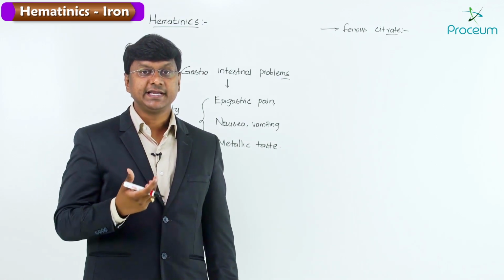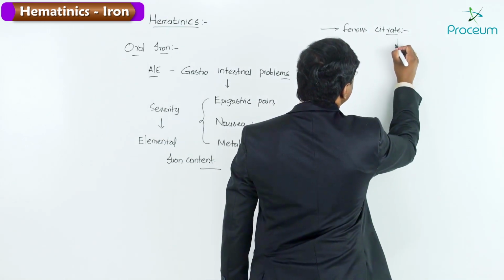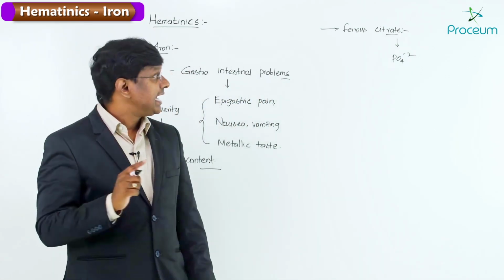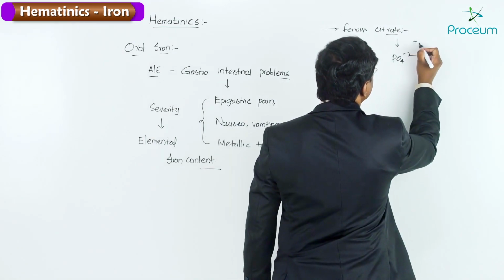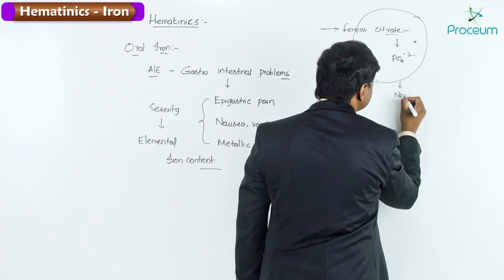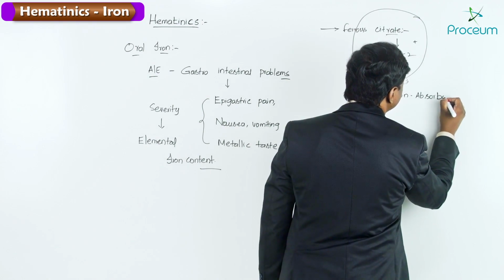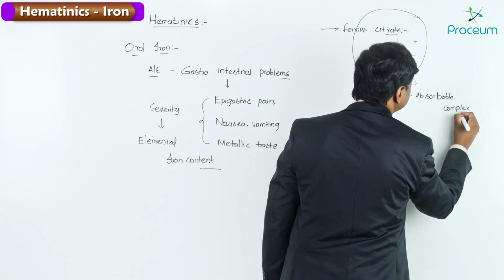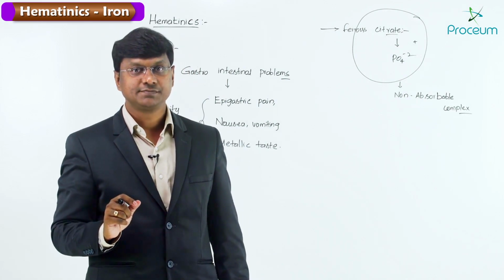This ferrous citrate has the capacity to bind to phosphate. After the ferrous citrate is bound to the phosphate, this will result in the formation of a non-absorbable complex.